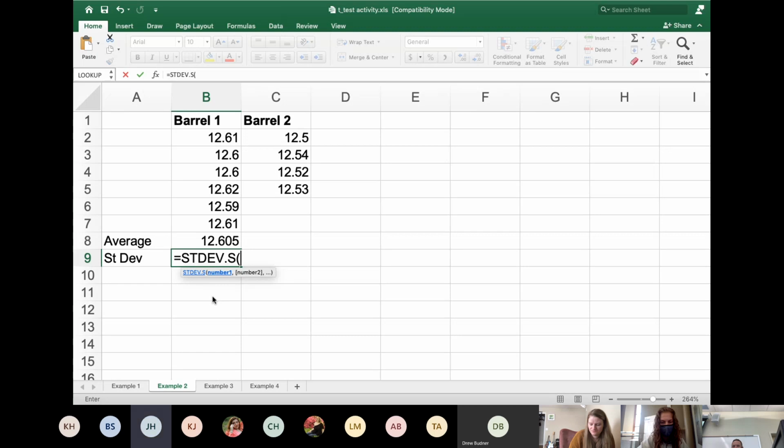I think it's like t times s divided by the square root of n. So t times s divided by the square root of n. So we need the t, which is a t-value, which we have to look up. We need s, which is the standard deviation, divided by the square root of n, which happens to be the count, right?